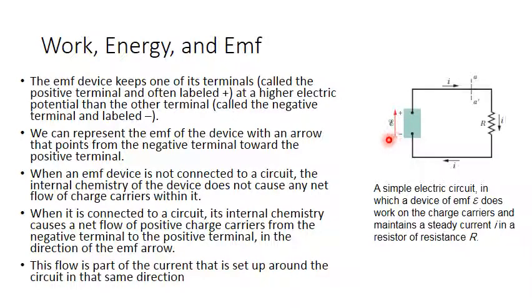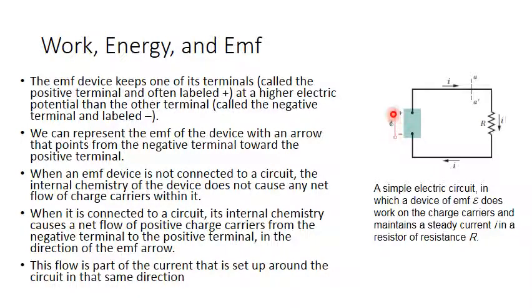Usually, we say that the negative terminal is 0, for example, and the positive terminal is X volts with respect to the negative terminal. We can represent the electromotive force of the device with an arrow.